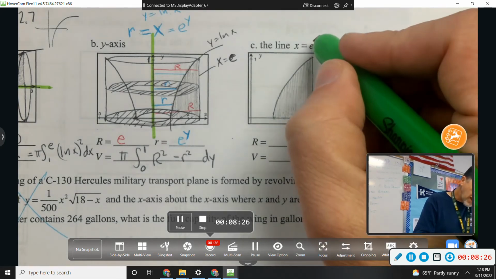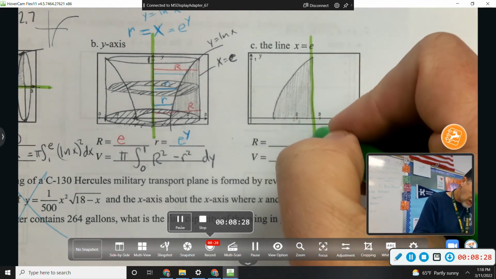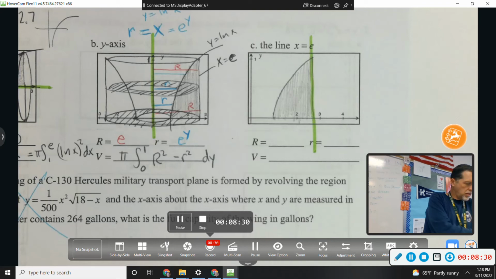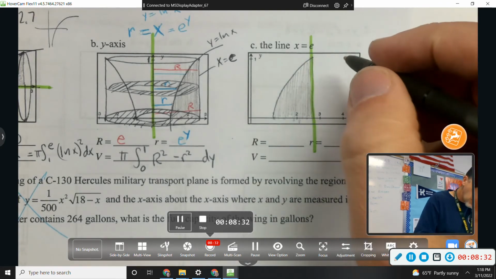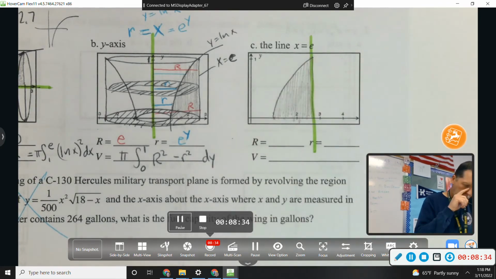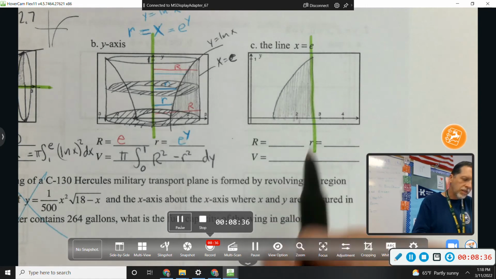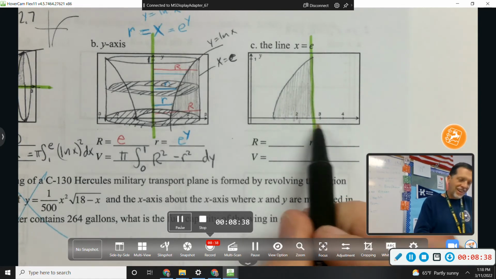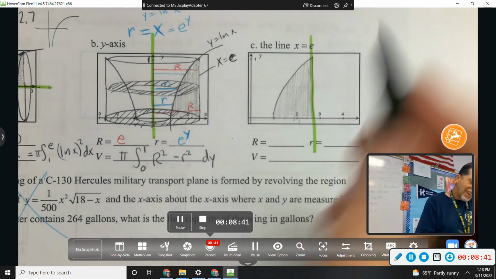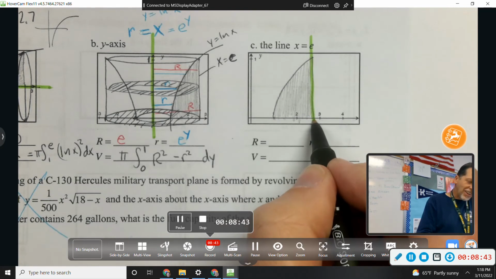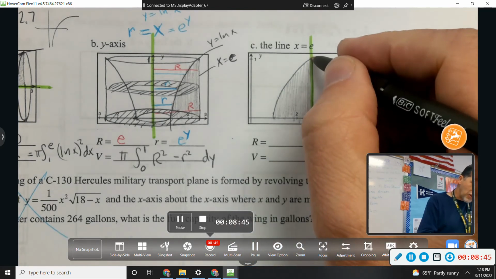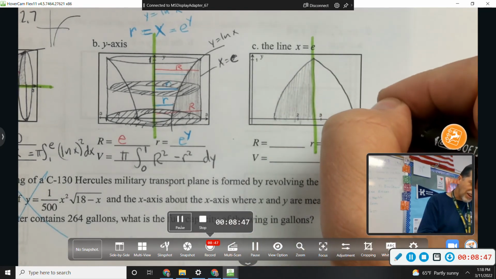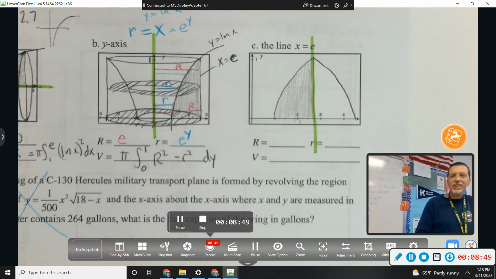The line x equals e. Oh, this is a little bit tricky. I'm not sure exactly how far. If I'm rotating around e, then I think I'm just going to eyeball this and see if it matters later. I don't know exactly where that's going to land over there.